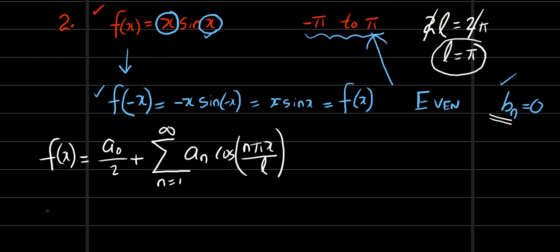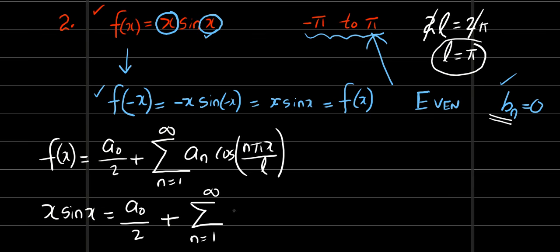Now the left side, that will be x into sin x is equal to a0 by 2 plus sigma n equal to 1 to infinity an into cos nx, and you can call it equation number 1. Okay, now we have to find a0. So look at this, we have an even function and the limits are from minus pi to pi.